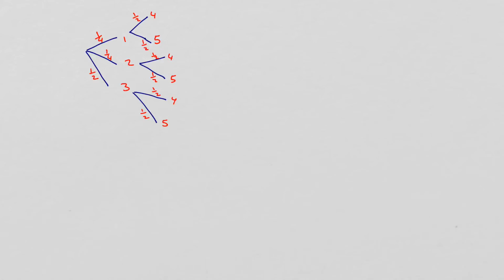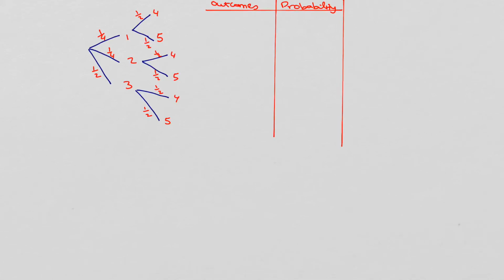Okay, so what are my possible outcomes? So my outcome, and then the probability of that outcome is what we need to fill out next. So in other words, I can get a 1 and a 4, and a 1 and a 4 is going to sum to the outcome of 5, because it's the sum of the two totals we're looking for.